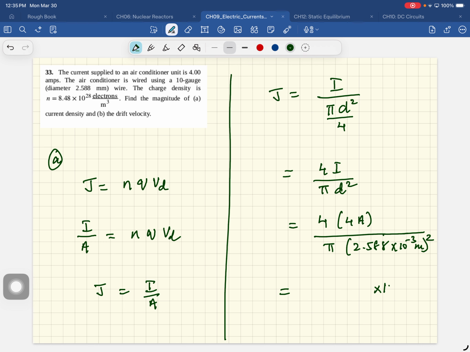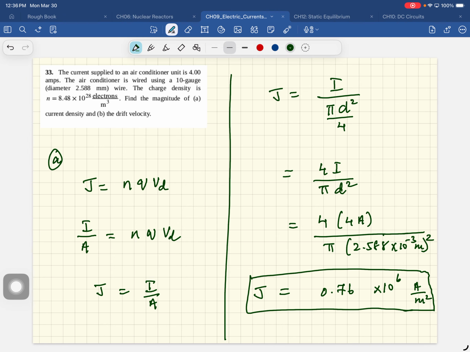So the current density is 0.76 million amps per meter square. Okay, so that's the current density.